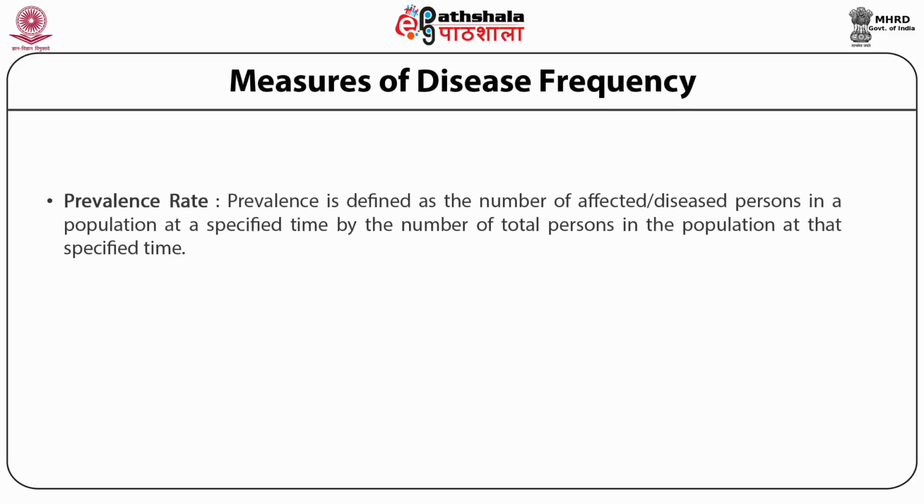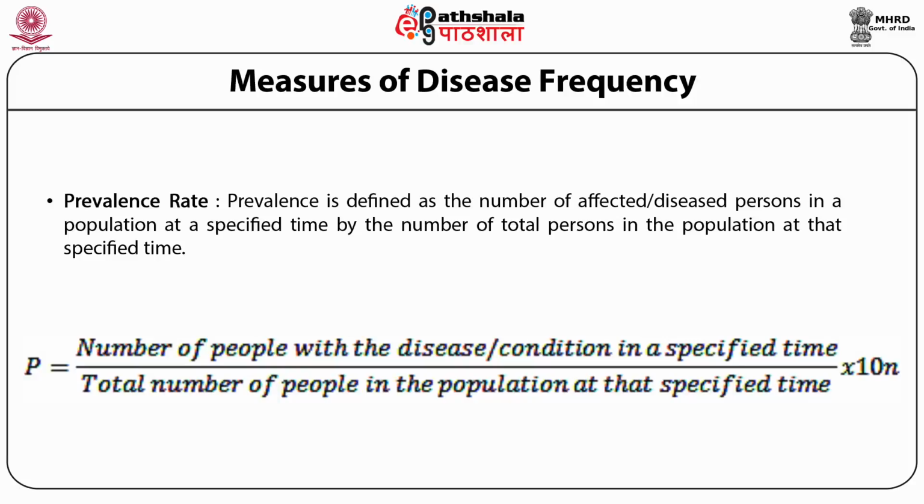The next is the prevalence rate, which is defined as the number of affected or diseased persons in a population at a specified time divided by the number of total persons in the population at that specified time. And it is denoted by the formula P is equal to number of people with the disease or condition in a specified time divided by the total number of people in the population at that specified time, times 10 to the power n, where P denotes the prevalence rate.